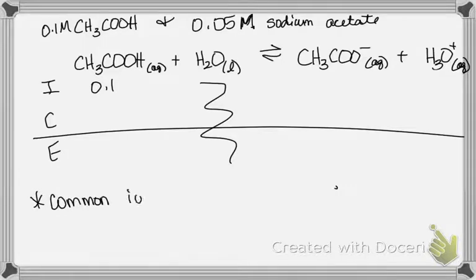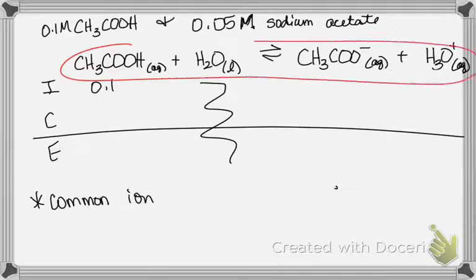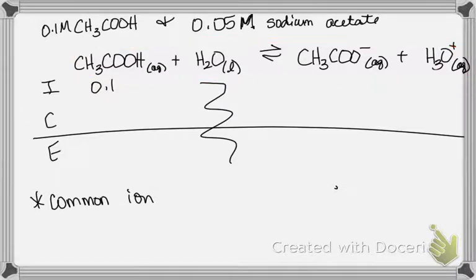What is the common ion between acetic acid and sodium acetate? Because we're still looking at this reaction for what's going on. Clearly, the common ion is the acetate. So what that means is we're not starting with 0 acetate. Now, we're also starting with 0.05 molar acetate. The hydronium ion is still 0.